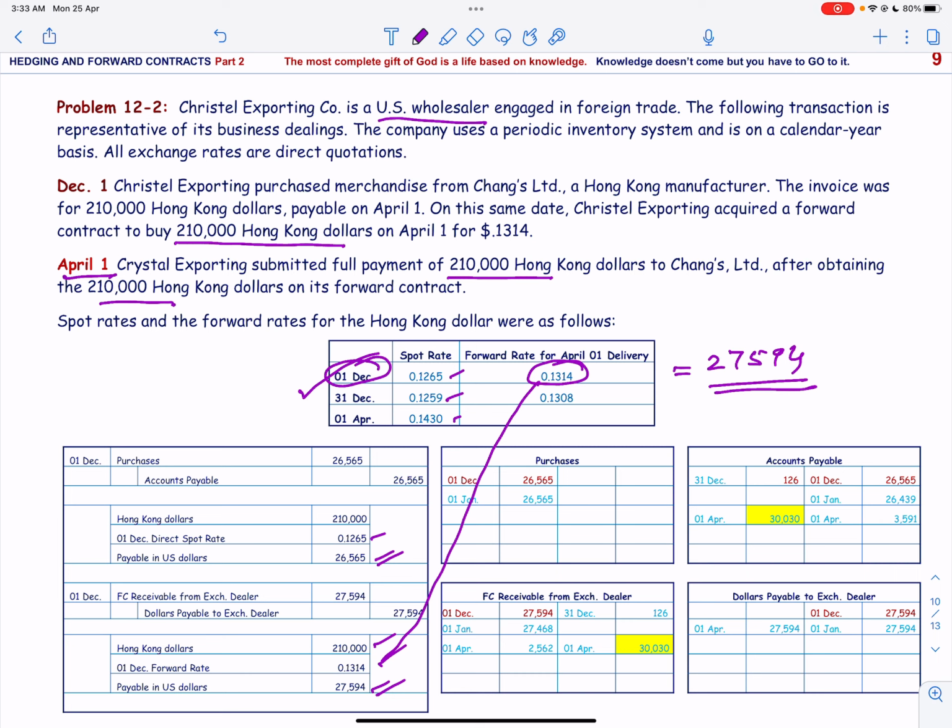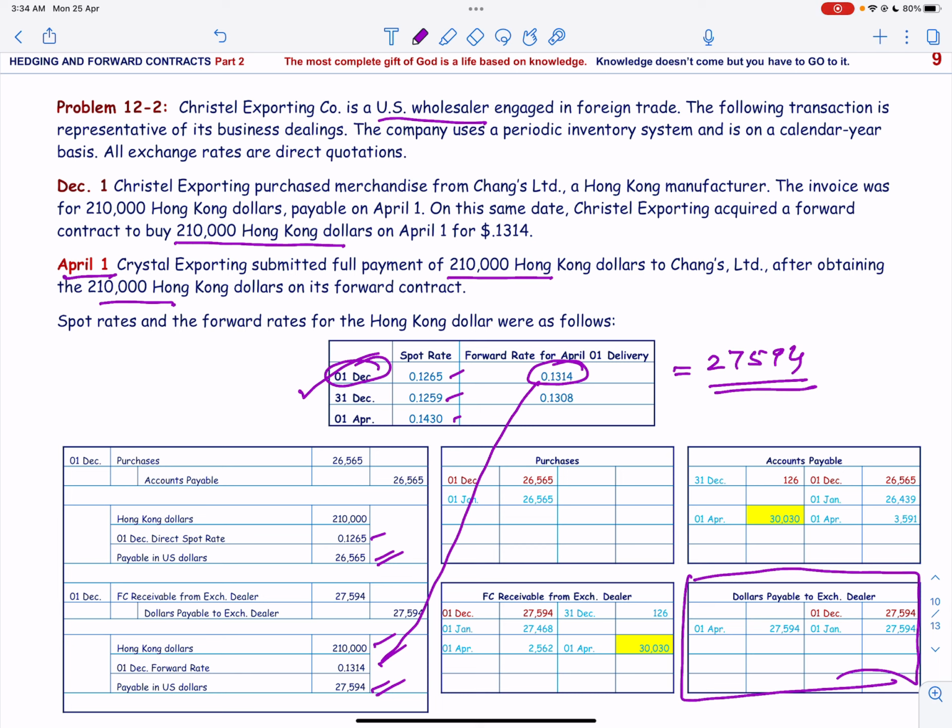Now just keep in mind that we are not going to touch the account dollars payable to exchange dealer, as this is a fixed figure.